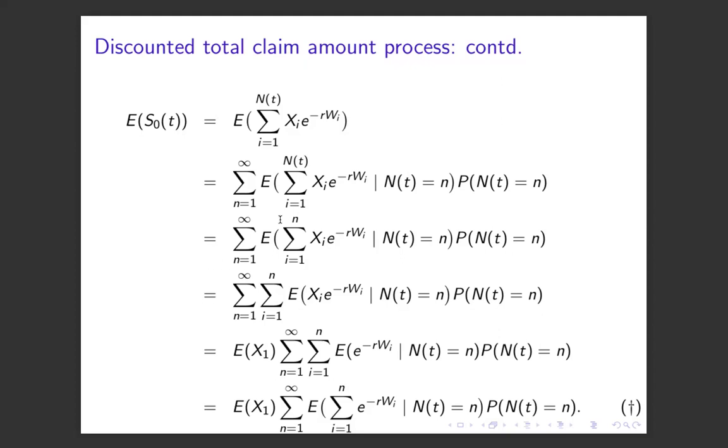Now, since this is a finite sum, there is no harm in bringing this summation outside this expectation. Now we use our observation that these Xi's are independent of Wi as well as NT. So that can be taken out. So that would be the expectation of Xi times the conditional expectation of this object given NT equal to n, times the probability NT equal to n.